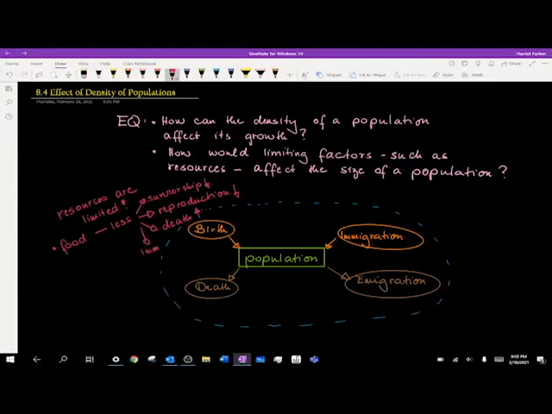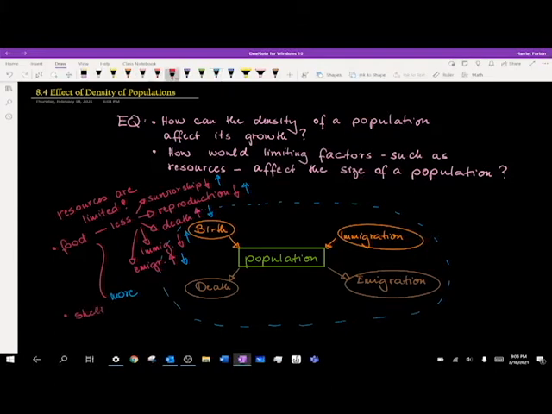The immigration will decrease, and the emigration would increase. More organisms would leave the population. On the other hand, when the food source is more or ample, what happens with those survivalships, reproduction, death, immigration, and emigration? They move in the opposite direction.